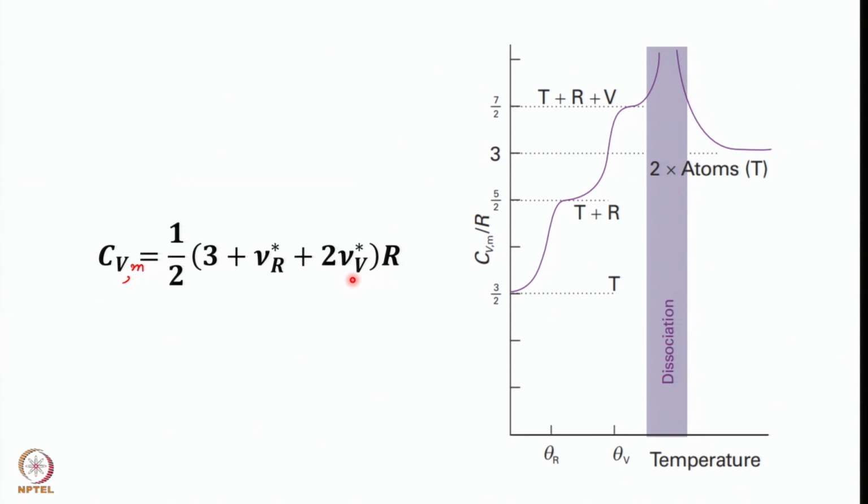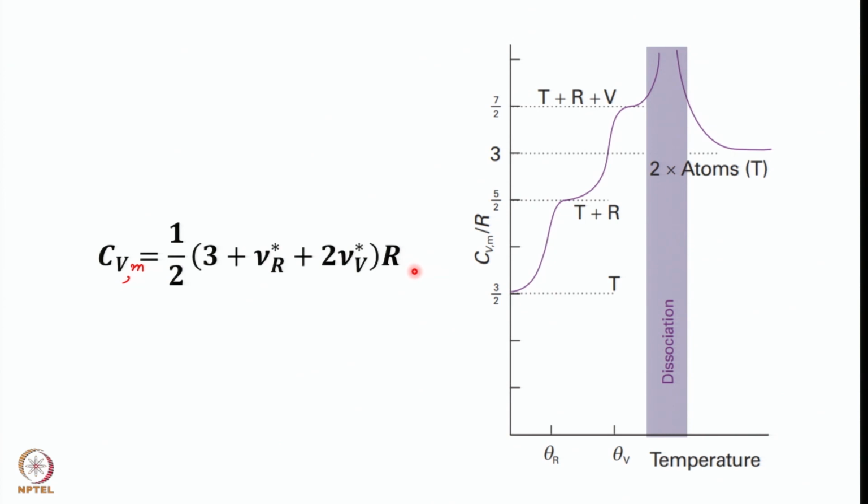This equation gives a very good estimate of constant volume heat capacity as long as the temperature is much above the relevant characteristic rotational temperature or vibrational temperature.